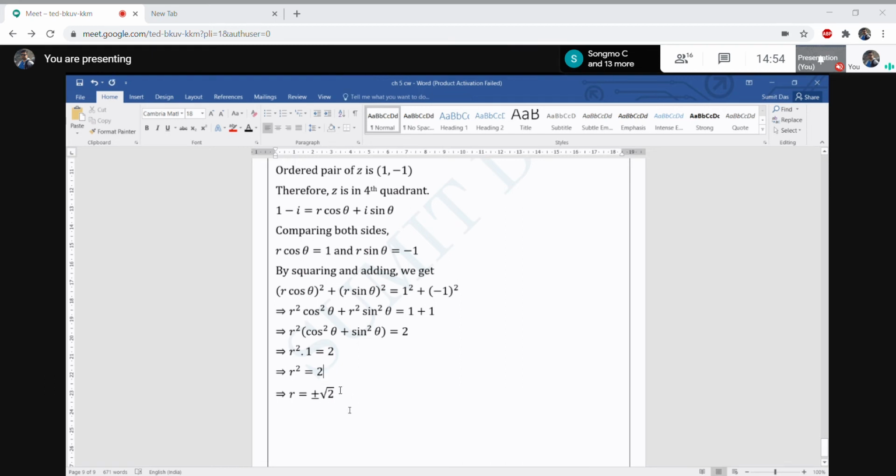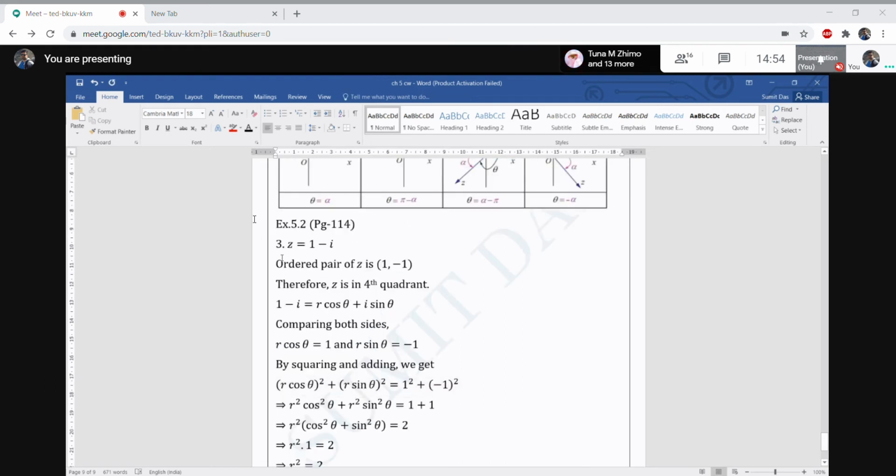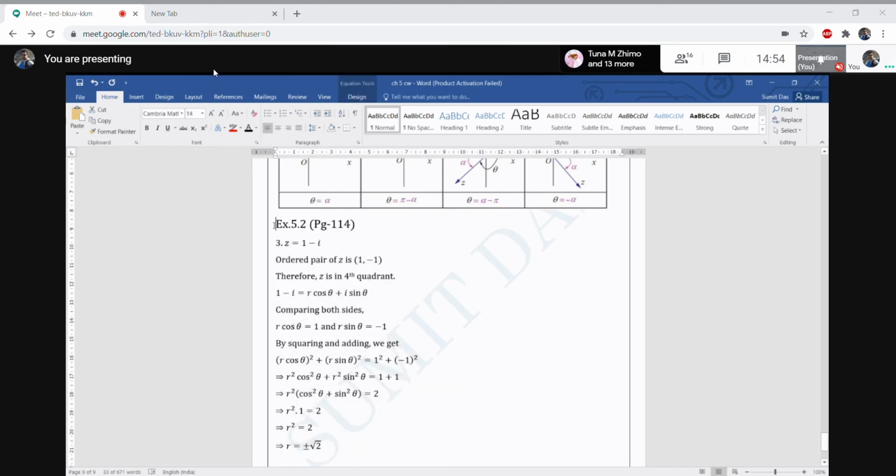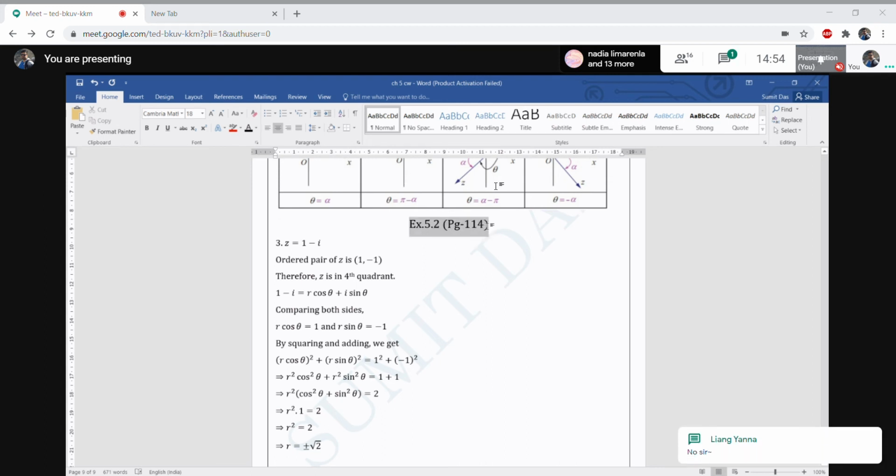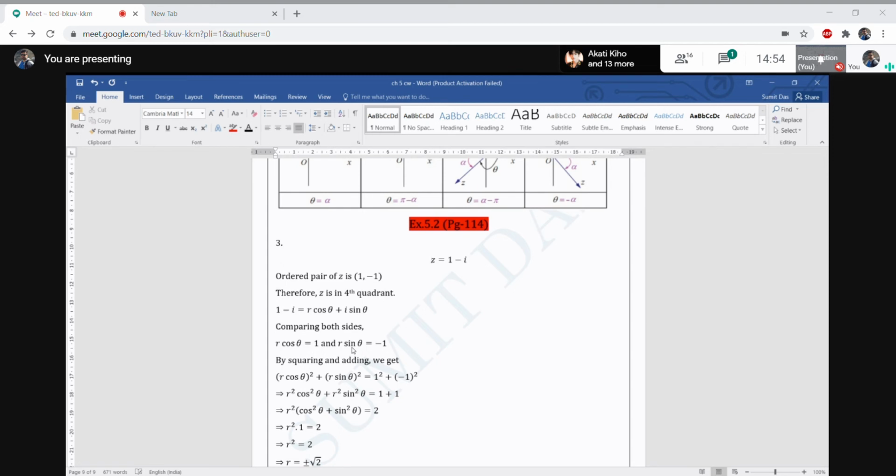Okay, up until this any doubt? Until this much any doubt? What I'm doing again, let me say, whenever you are getting the number, you just write down the ordered pair to find out which quadrant they are.